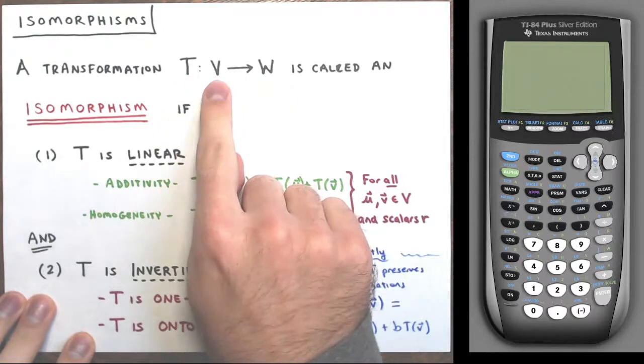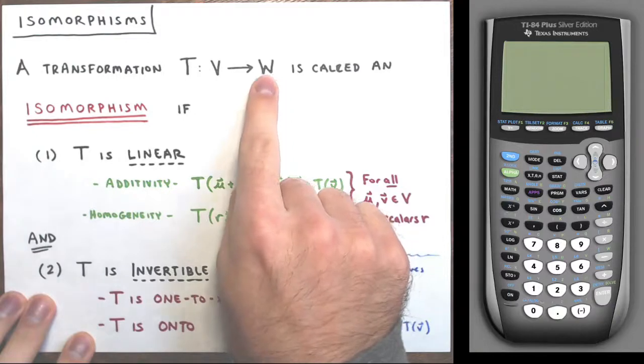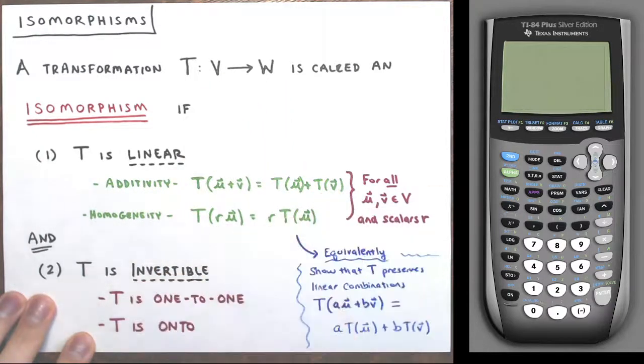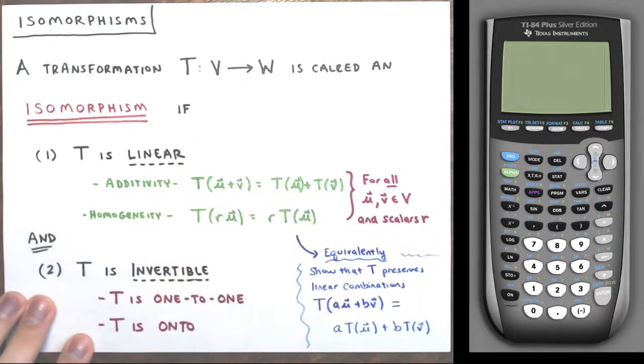So if a vector v went to a vector w under T, then the inverse would send w to v. When I say invertible, I mean that the inverse is also a legitimate transformation, a legitimate function. So I would like every vector in W to map to only one vector in V.